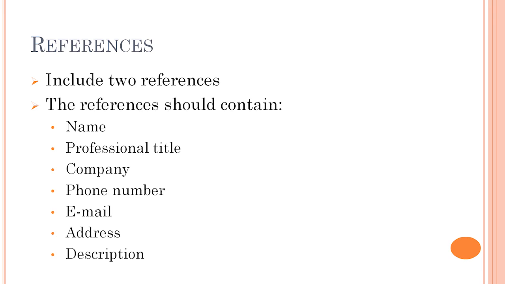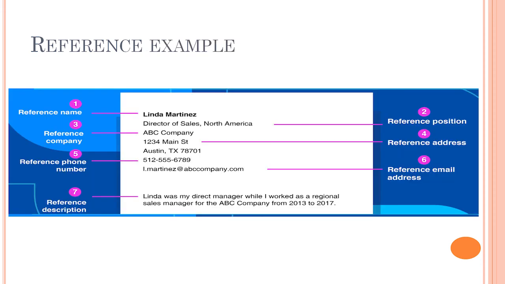So through these references, it would be much easier for you to obtain the job through the hiring managers. Now here is an example of how you could place the reference, and you can see here the reference name, the reference company, the phone number, the description, the reference position, address, and the email address.